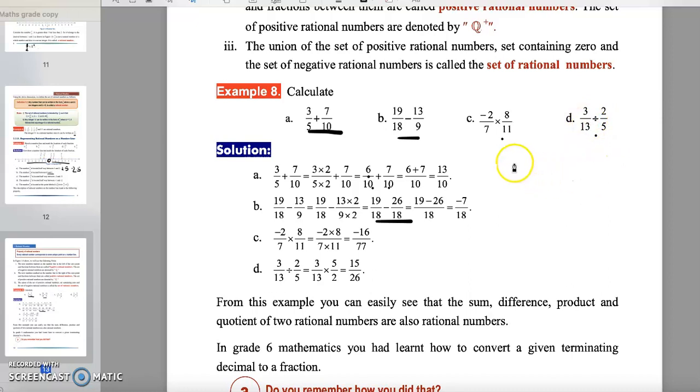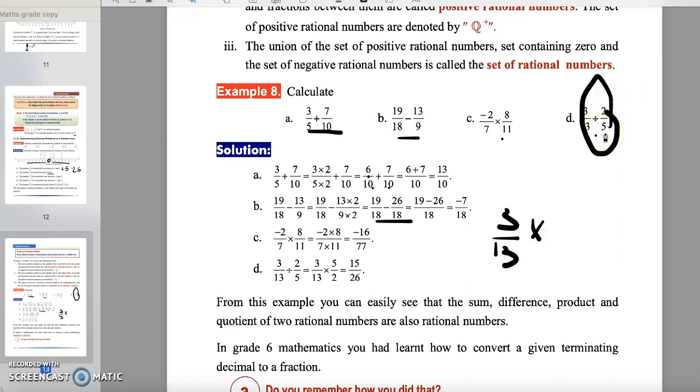The thing we do is take the first number, 3 over 13, and take the reciprocal of the second number, and then just multiply. So the first number is 3 over 13, times, what is the reciprocal of 2 over 5?